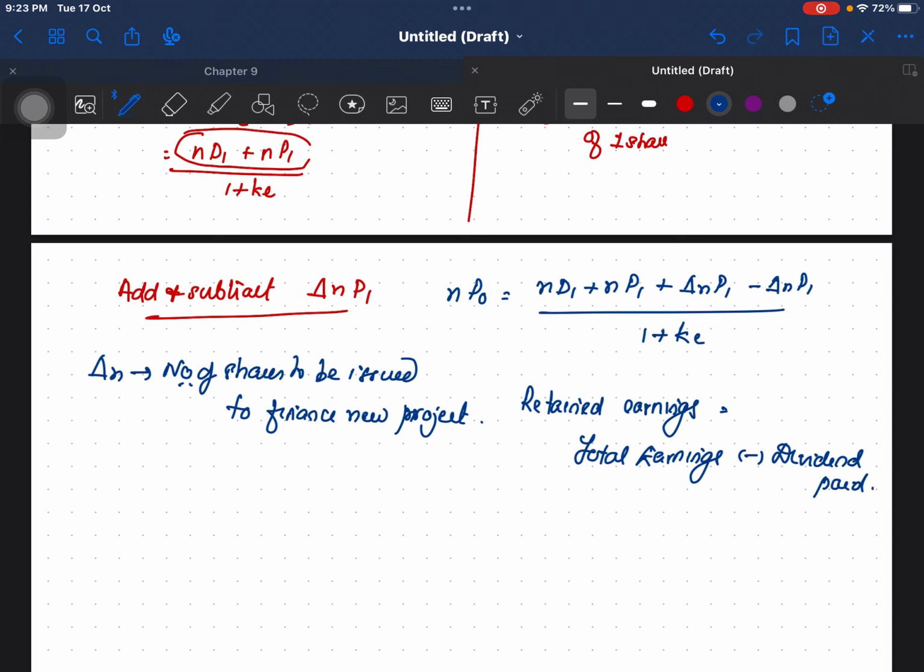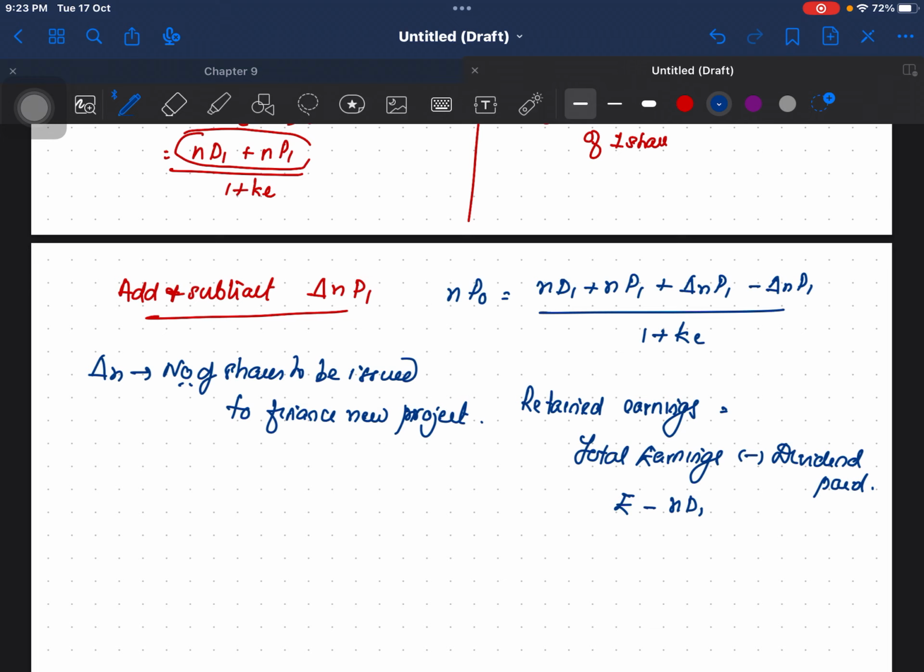Total earnings is E, and dividend paid will be N number of shares into D1, that is N into D1. So retained earnings is equal to E minus N into D1.